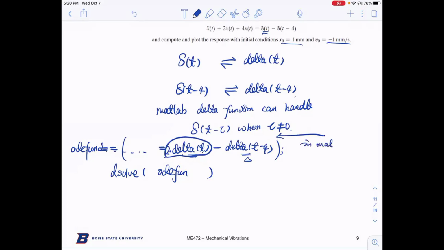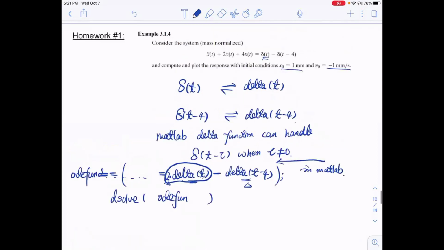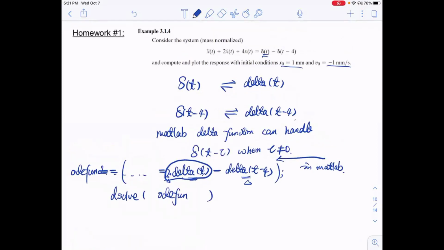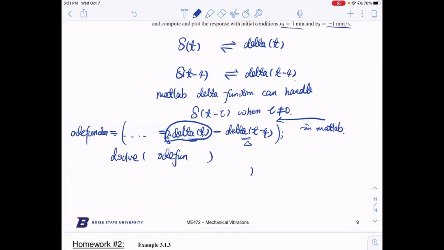If you do want to use MATLAB Live Script to solve this ODE with a delta function, you have to multiply by 2 for your delta t. And that shouldn't change it, right? Well, mathematically, there's no explanation for that. I think that's a coding issue. I think the issue comes from the Heaviside function in MATLAB.